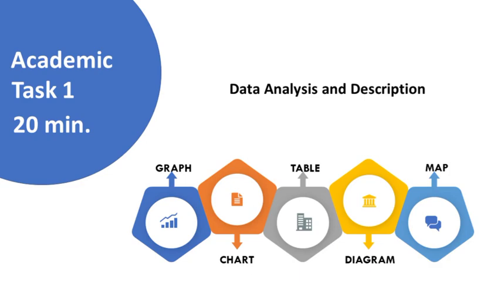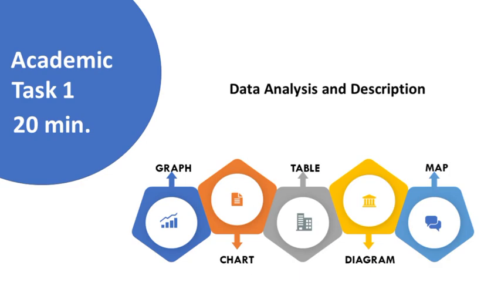Examples of this data analysis that you are likely going to come across. The first example is graph. It's possible in your academic training module, especially for task 1, you're likely to come across graphs or a graph depending on the type of question that you have for your task 1 in academic training module.